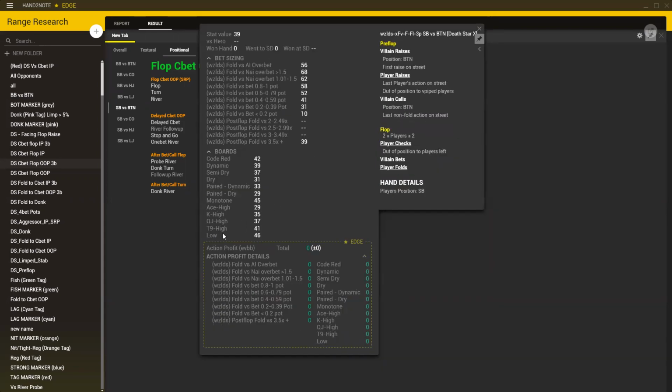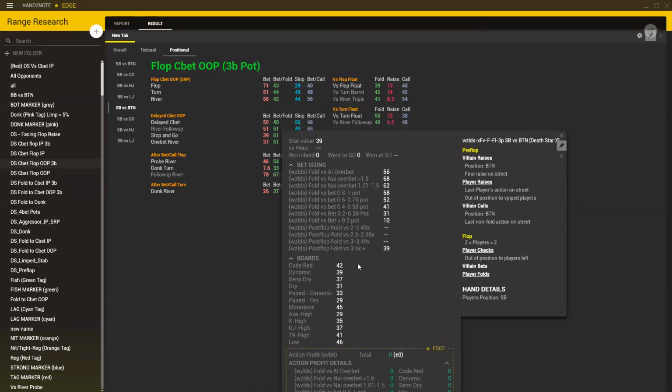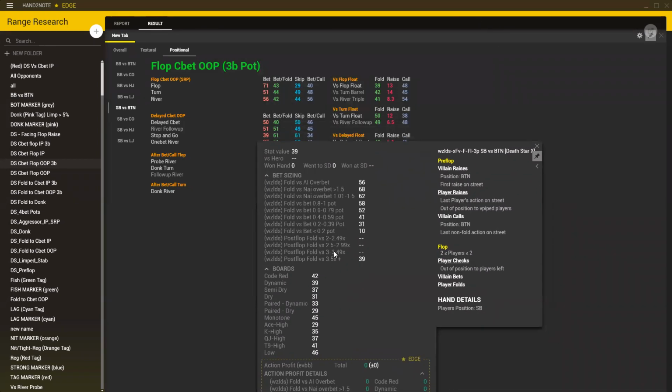And low is just free money, right? Almost half the time you're going to pick up that pot on average when you fire the float bet. So we still want to take into account those board textures. They are very important. But we can generally play more aggressively against a small blind 3-bettor in a flop float bet situation.